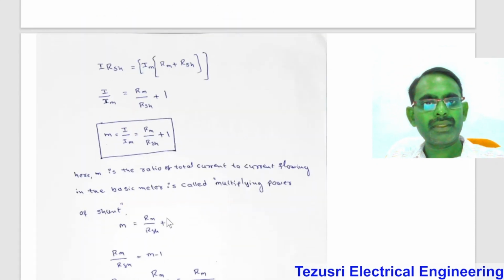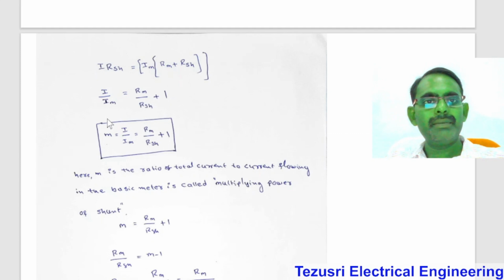Finally, I into RSH equal to full scale deflection of the instrument into Rm plus RSH. Here I by Im equal to Rm by RSH plus 1.